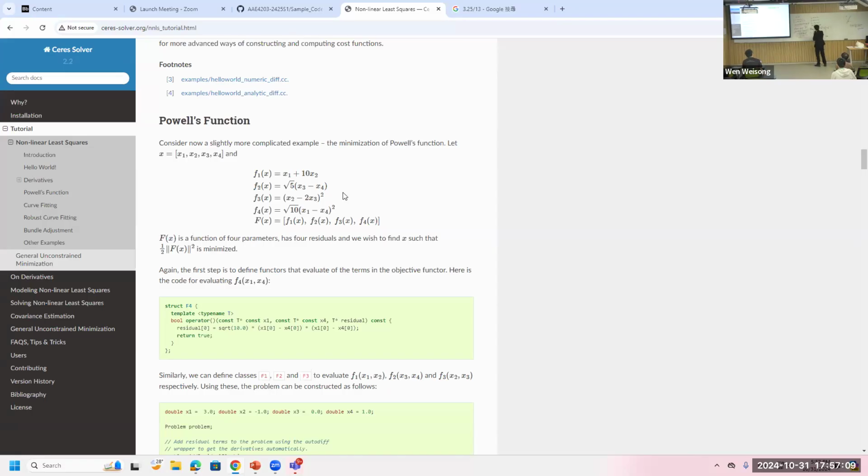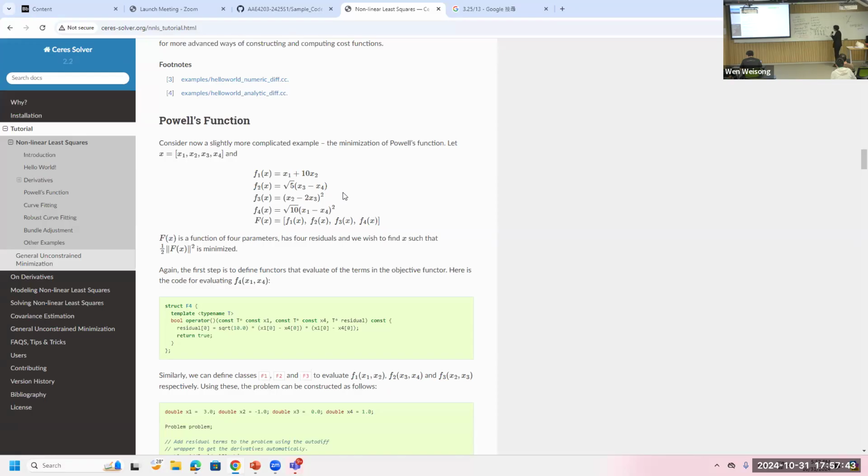The first row is f1, and the next row corresponds to f2. We also write down the third equation and the fourth equation.